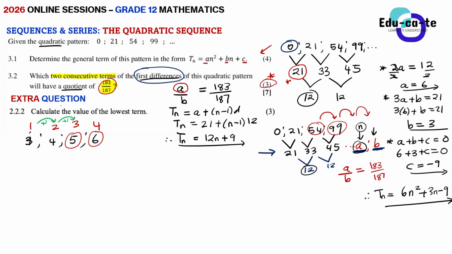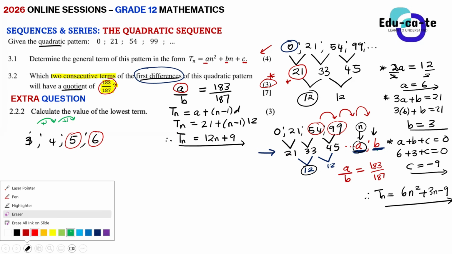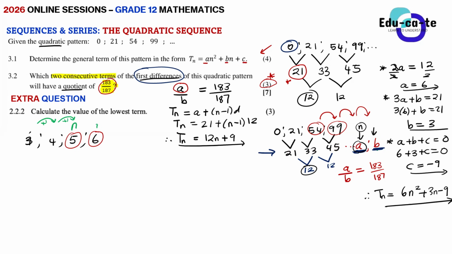If I've got 2 consecutive terms and I say the position of the term 5 is n, then the position of term 6 must be what? n plus 1. Do you guys get the sense? It is critical thinking that's required.